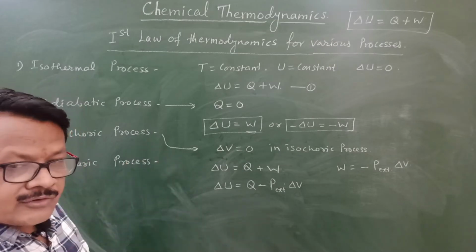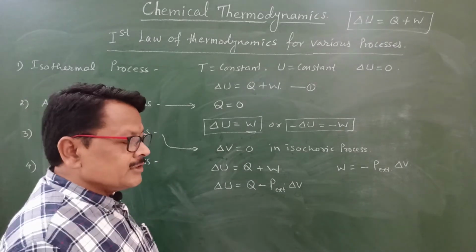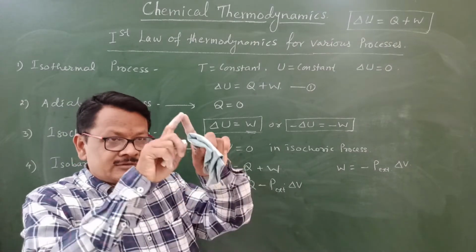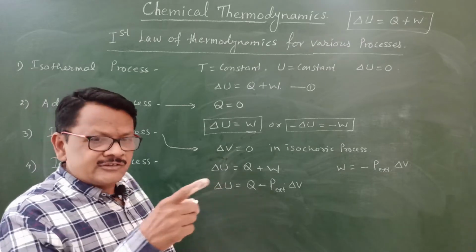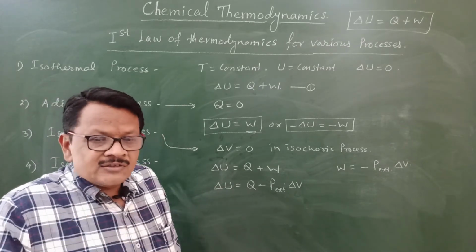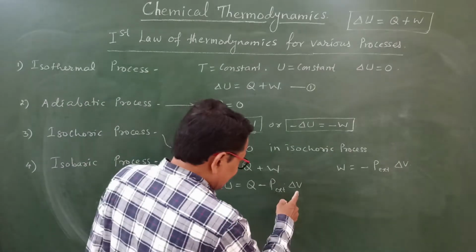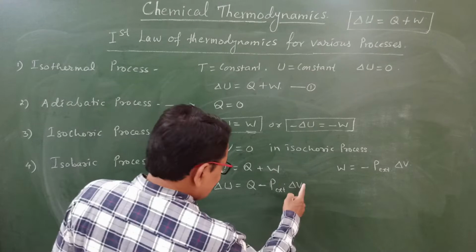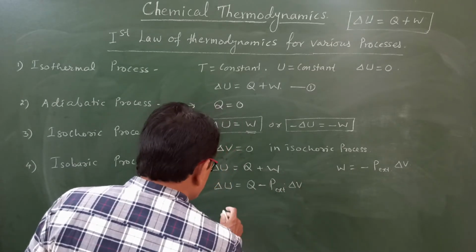In isochoric process, we know that change in volume is 0, meaning the system takes place in a sealed container, where there is no increase or decrease in volume, so change in volume delta V is 0. By putting this value 0, this whole term becomes 0, meaning work done is 0.